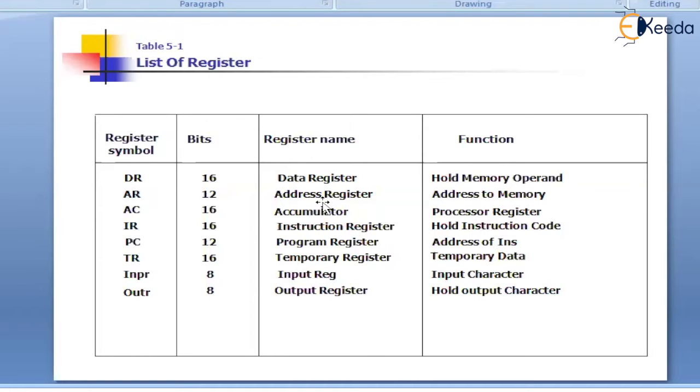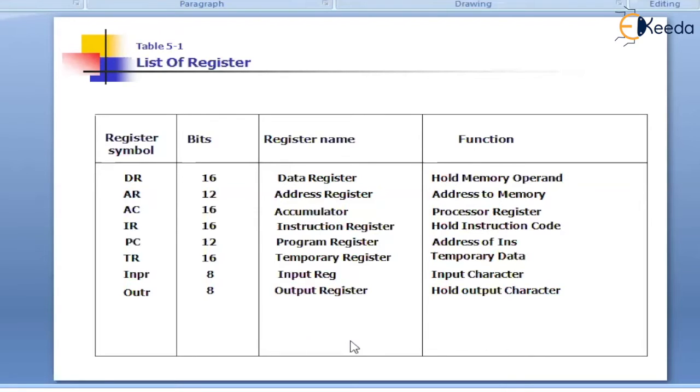And there is an address register. There is a data register. There is an accumulator. There is a temporary register. There is an input register. And there is an output register. So we do have a total of 8 registers available in single accumulator organization.